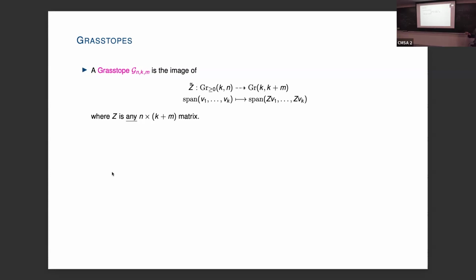But now I had to draw a dashed line. I lost the pointer, but there's a dashed line over there. Because the way I wrote this right now, there's no guarantee that this is a well-defined map everywhere on the entire non-negative Grassmannian.